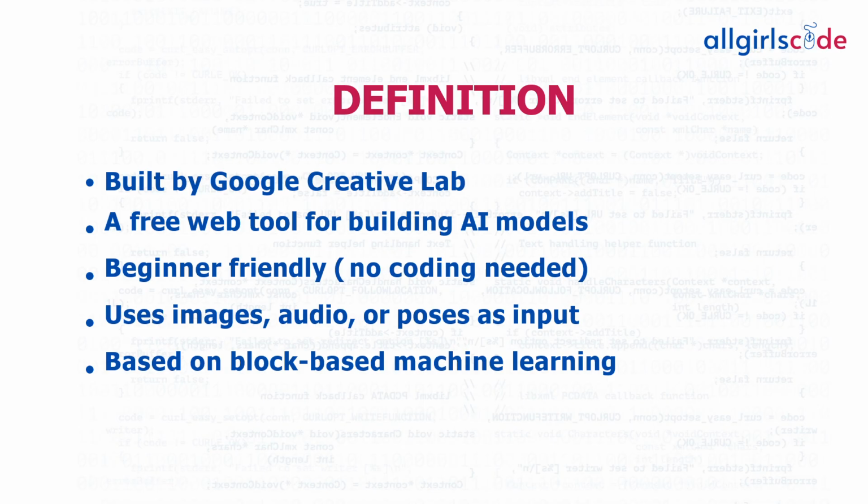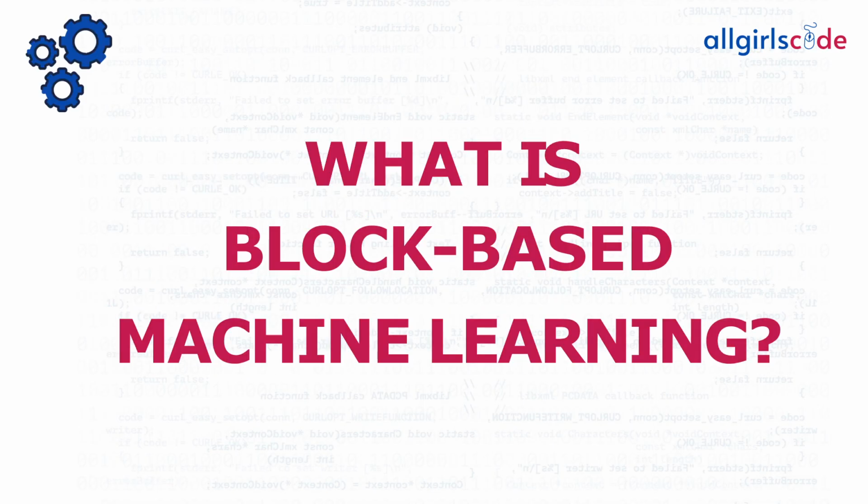It's built on block-based machine learning, which means instead of writing hundreds of lines of code, you work visually, connecting blocks that each represent a step in the process. Block-based machine learning is like building a puzzle, where each piece has a specific function. One block might say collect data, another might say train model.